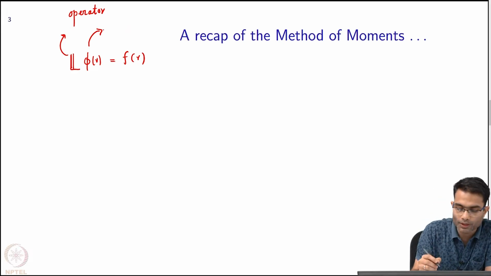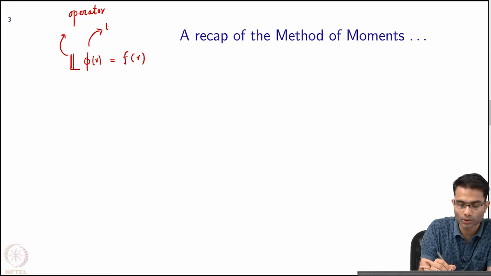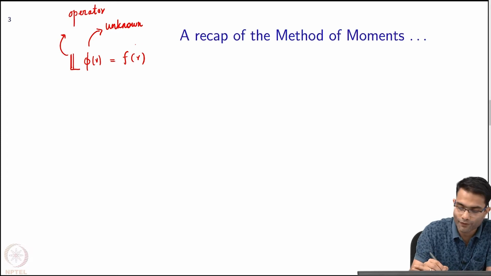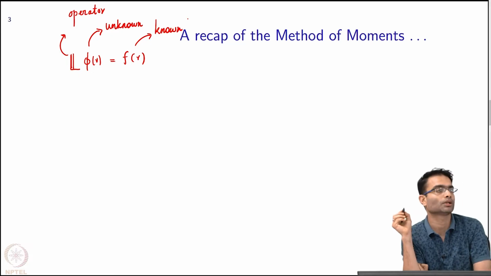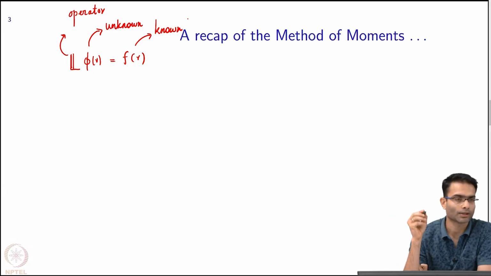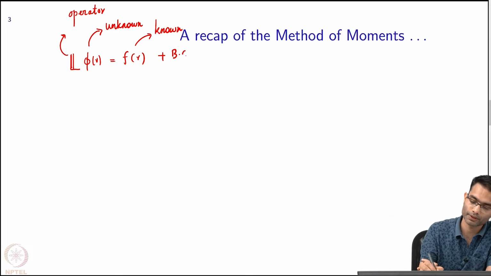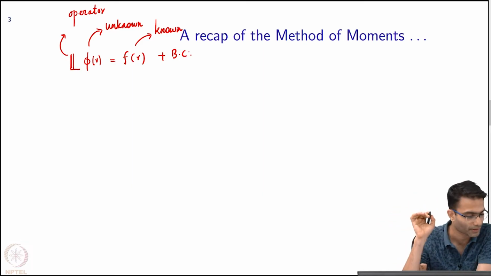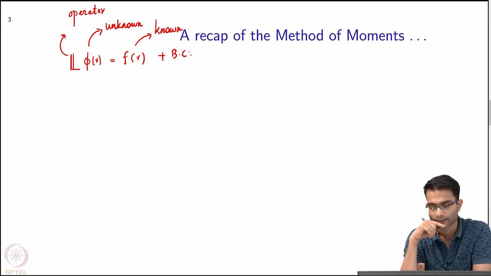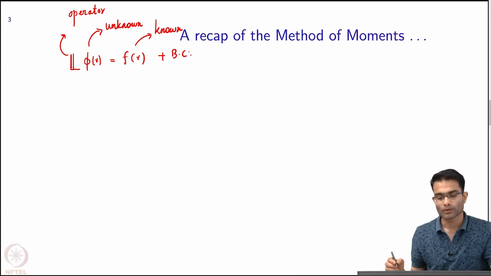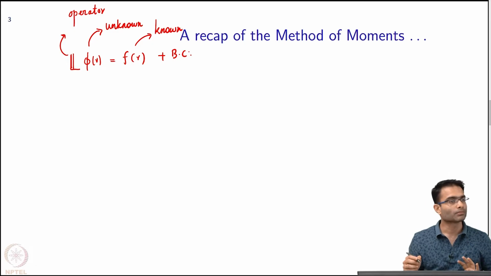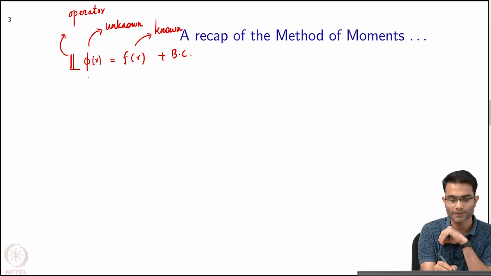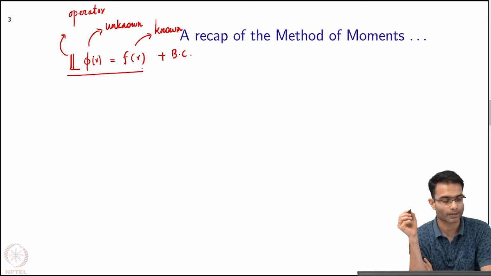Phi of r was the unknown which I wanted, and f of r is a known forcing function along with some boundary conditions. Okay. So, all the boundary conditions always need to be specified in this case. Right. So, we will assume the same sort of formulating equation as a starting point.